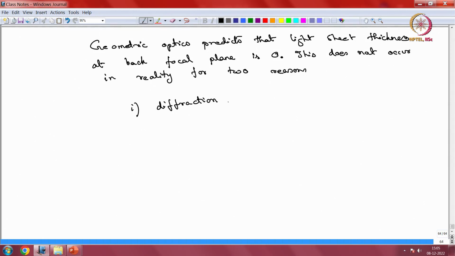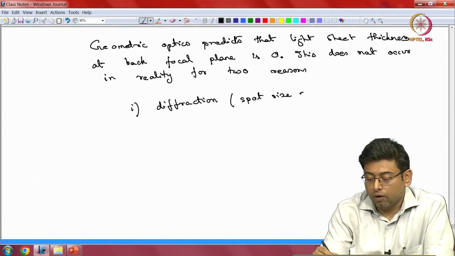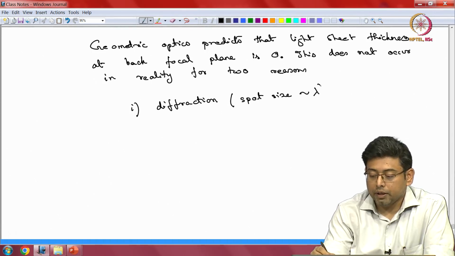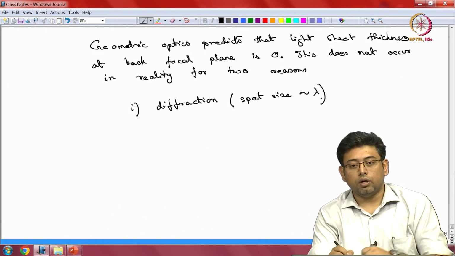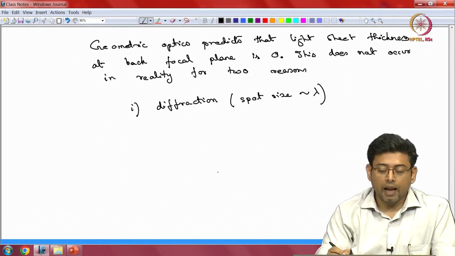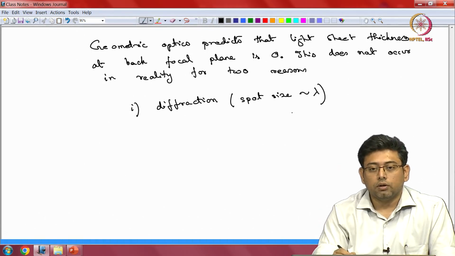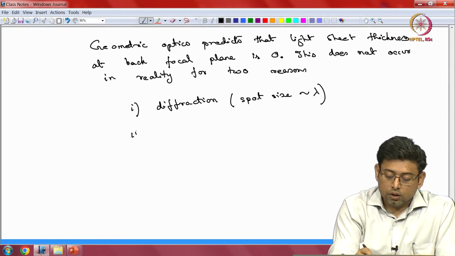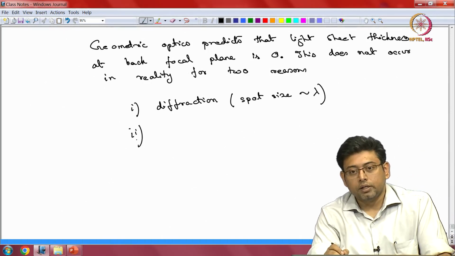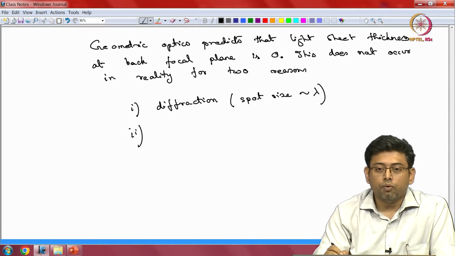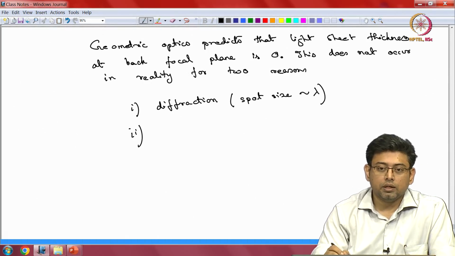Instead, the diffraction results in a finite spot size, which is usually of the order of the wavelength of light being used. The exact calculations I am not presenting, it is not exactly lambda, but it is of the order of lambda.